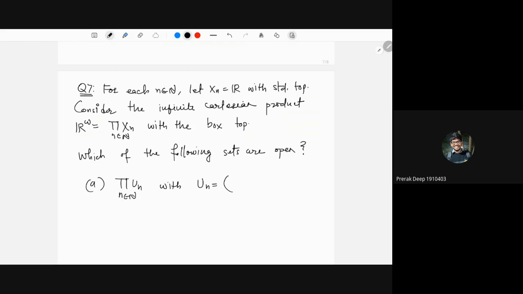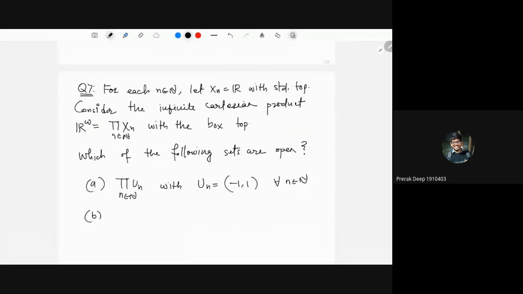Option A: the infinite product of open sets U_n, where U_n is nothing but open.